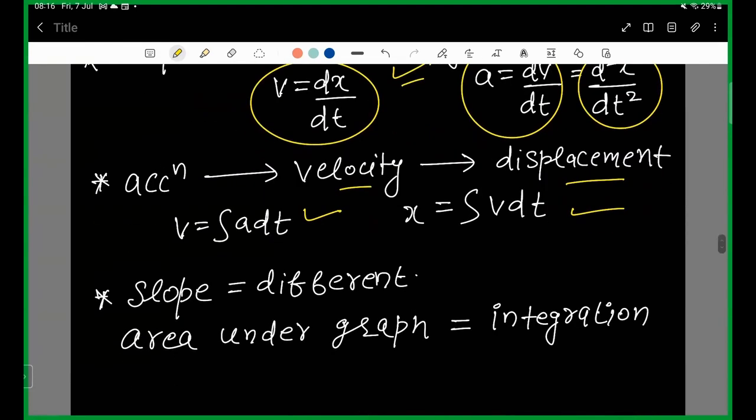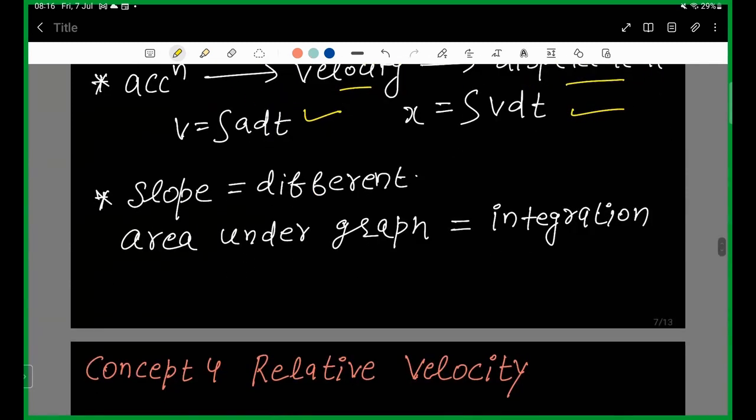In graphs, the slope is defined by differentiation. I already discussed this in the graphical analysis lecture, that differentiation tells you the slope. However, the area under the graph tells you the integration. For example, let's say you have a PV graph, pressure versus volume.